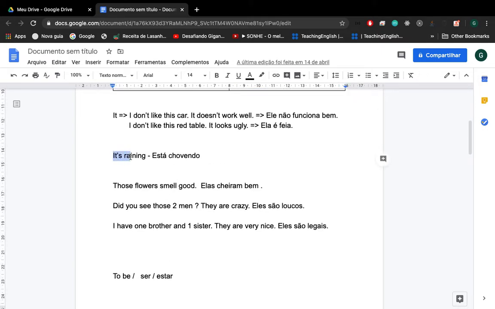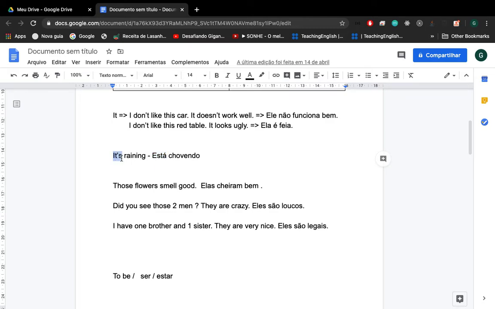Here is one example of that natural phenomenon we talked about in the beginning. If I say in English, "it's raining," I'm not referring to anyone or any animal or any object. It just refers to something, and that something is a natural phenomenon, which is rain. And in Portuguese, remember, impersonal, we translate only the verb.